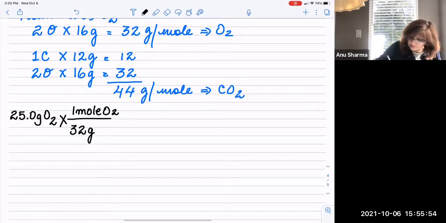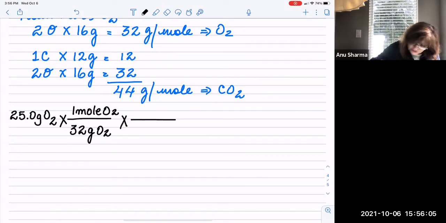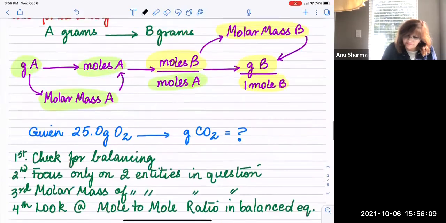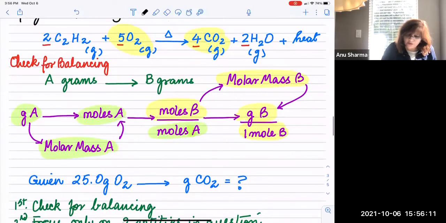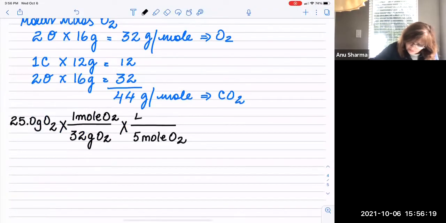This is the molar mass, 32 grams of oxygen. So this is the conversion of grams to moles. Next is the mole to mole ratio. We see from the mole to mole ratio that it is 5-to-4. So 5 moles of oxygen are producing 4 moles of CO2.